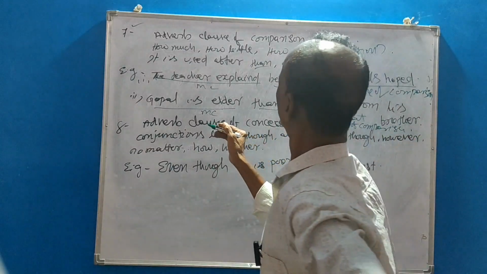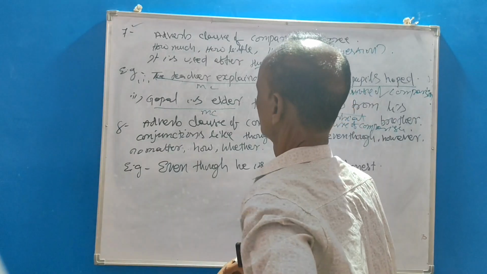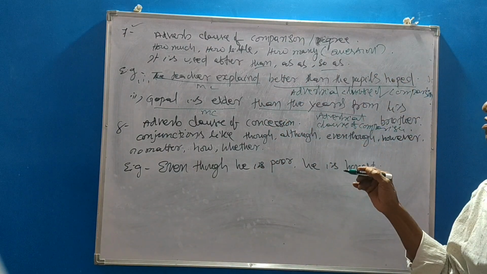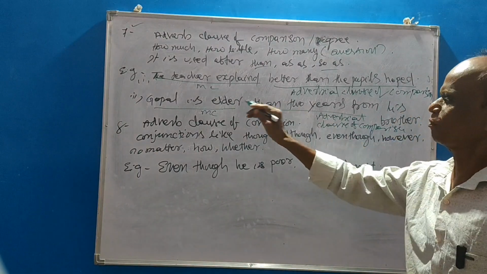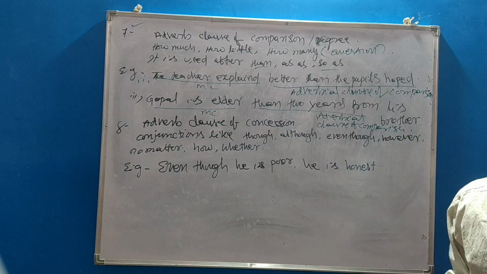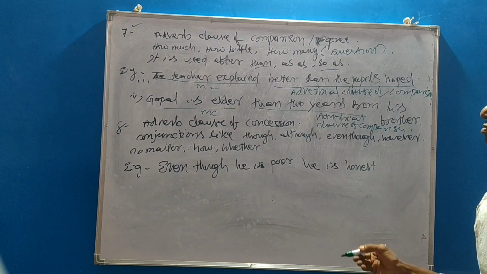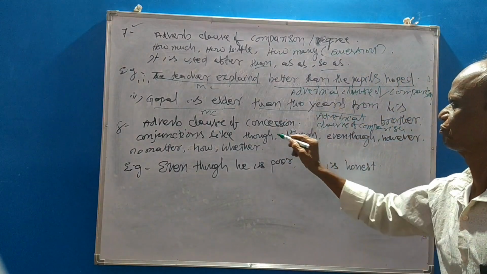That is, how many years elder? How many years is Gopal elder than his brother? Two years.